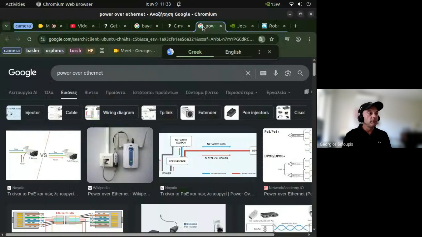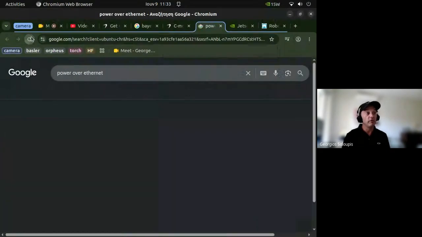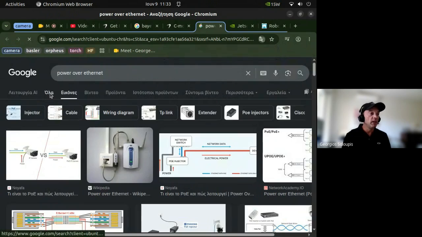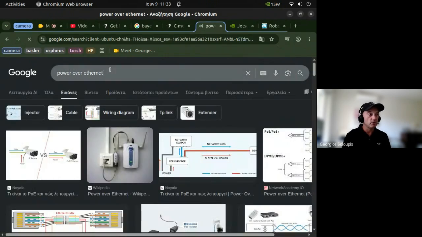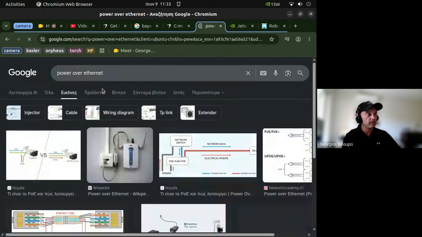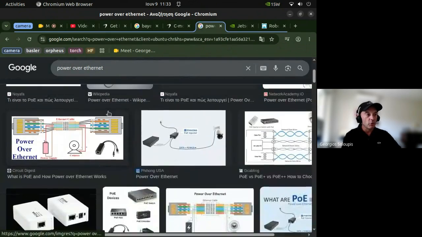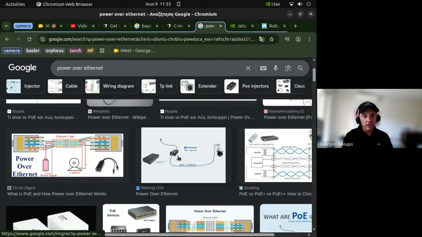Another component is the power over Ethernet. Let's see that also. Okay, so basically, you see here a power over Ethernet.